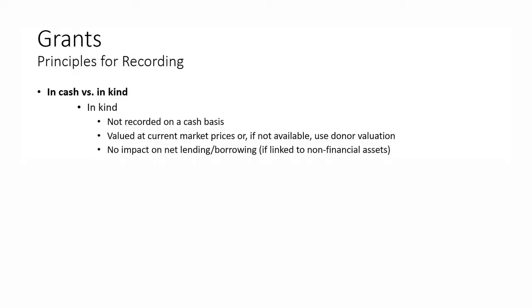They are valued at current market prices, or if not available, use donor valuation, how much the donor thinks they pay for this. They have to budget this, so they should know how much this is worth. And this has no impact on net lending and borrowing, so it does not increase the debt of a government because this is free.